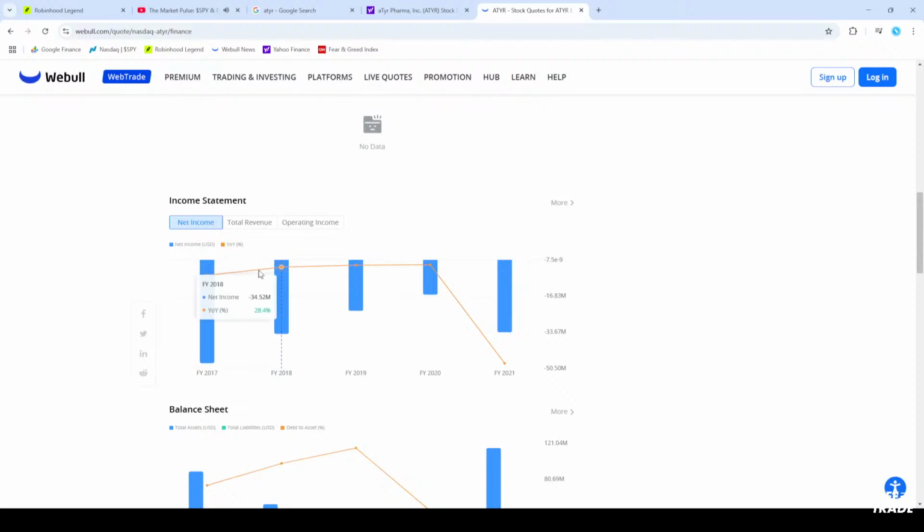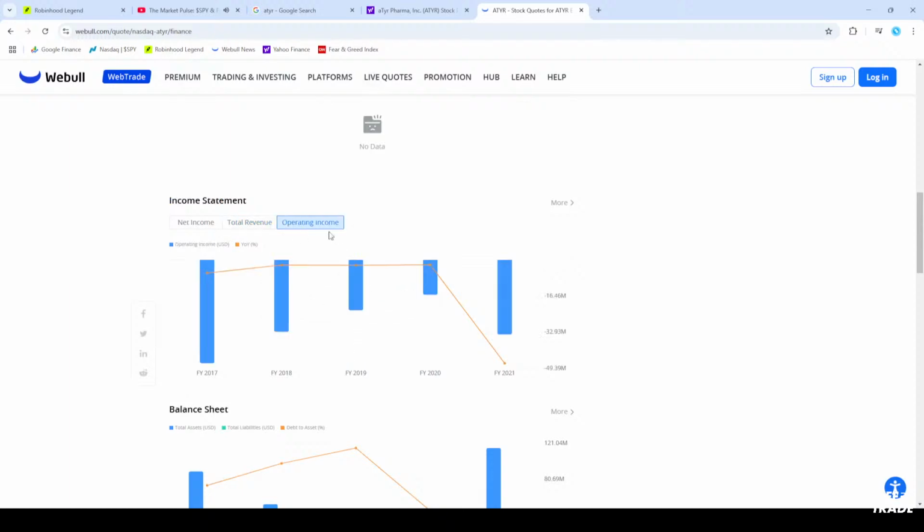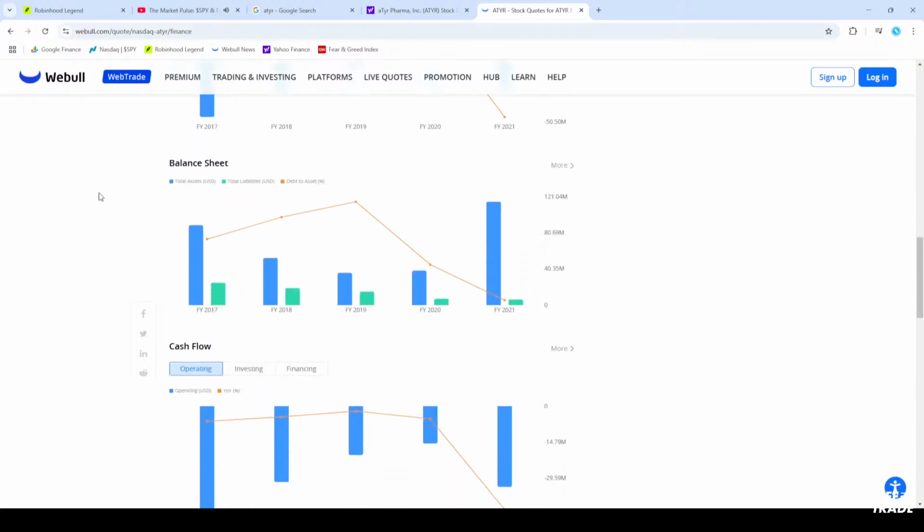Here's their income statement. Looks like this is a little bit out of date. They brought in 10.46. See their net income. So they're getting more profitable. That's good. Balance sheets.